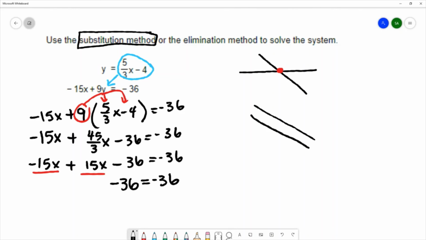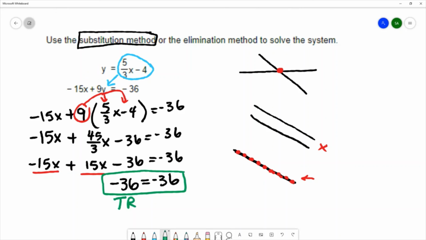And then the third possibility you can get is where the two lines are actually right on top of each other. And that means that every ordered pair on that line is going to be a solution to the system of equations. And that's the one that we have here. Now the reason why I know it's this one and not the no-solution case is because of this final statement here. This final statement is a true statement. Negative 36 equals negative 36.